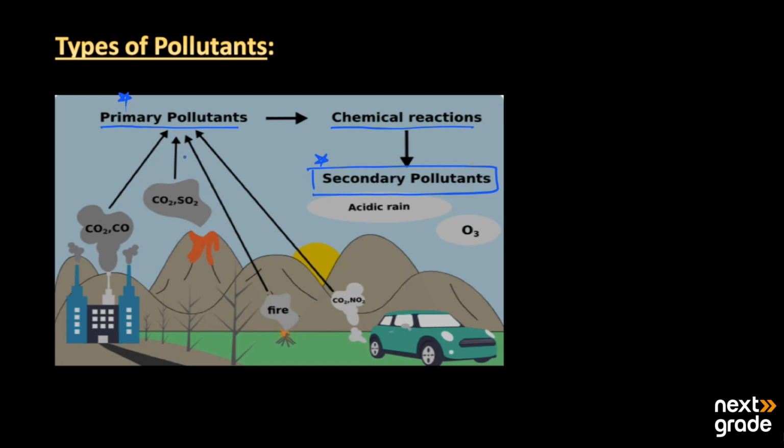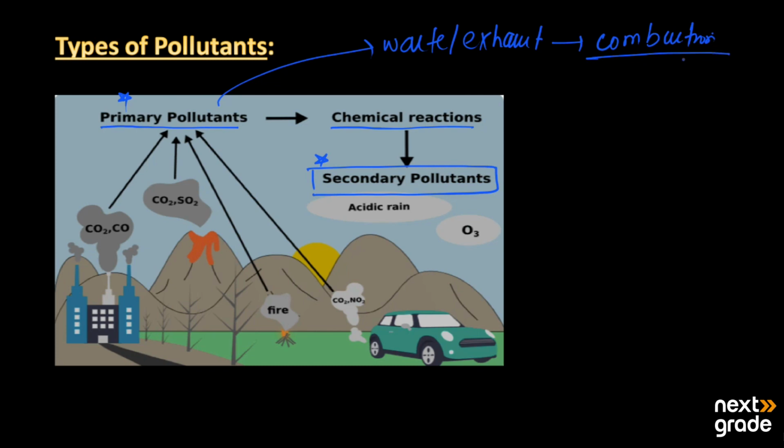The primary pollutants are the simple waste or exhaust, the main products driven out because of the combustion of fossil fuels or different organic compounds. Those pollutants are known as primary pollutants.